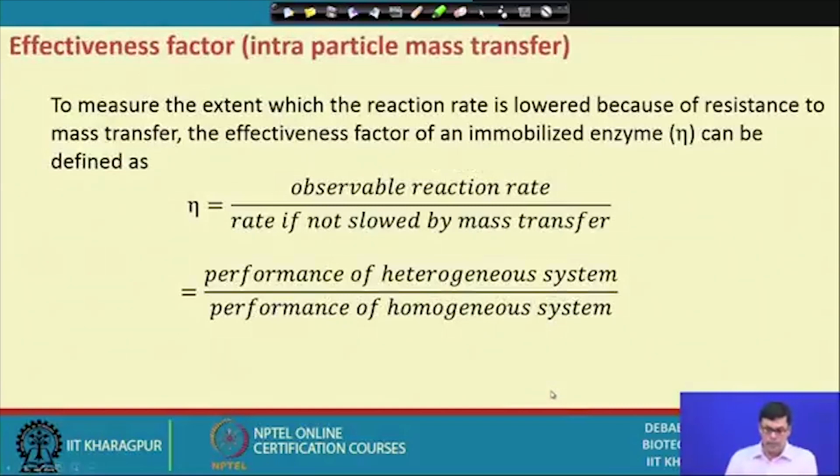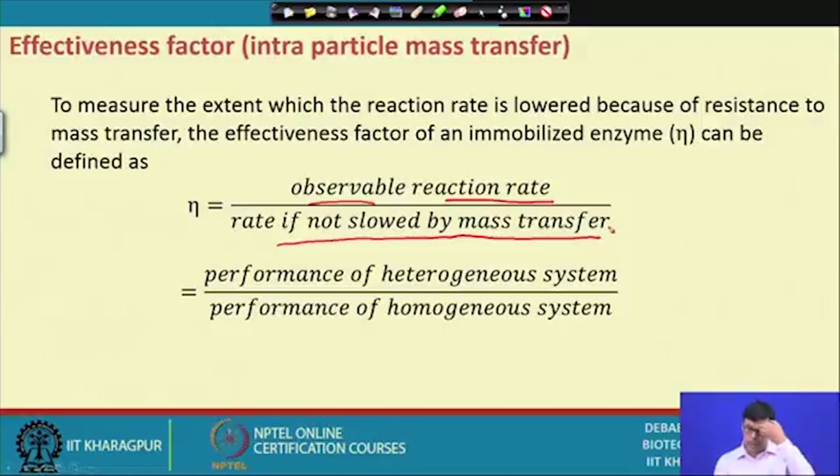So now we go back to the effectiveness factor we have explained before. What is the effectiveness factor? The observed reaction rate divided by the rate if not slowed by the mass transfer, that is, when there is no mass transfer limitation.